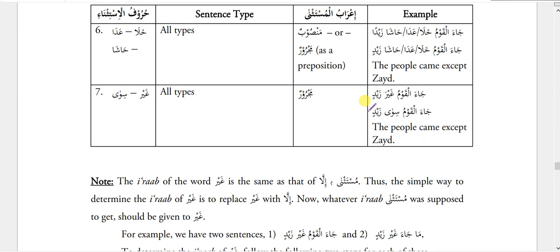If ma khala or ma hasha or ma ada is used, here the i'rab of mustasna will be mansoob. If illa is used as a harf istisna, then in two cases the i'rab is optional. It can be anything we want. In one case the i'rab depends on the position and the context of the sentence, and in one case the i'rab will always be mansoob.